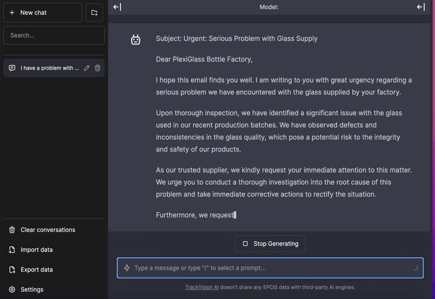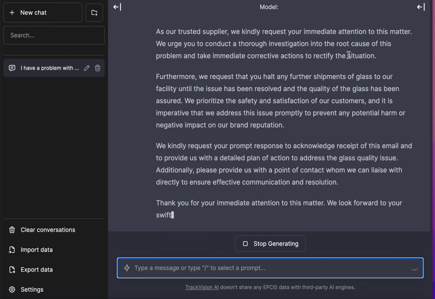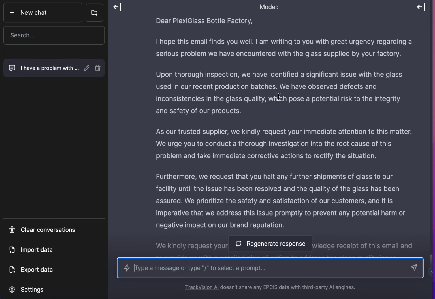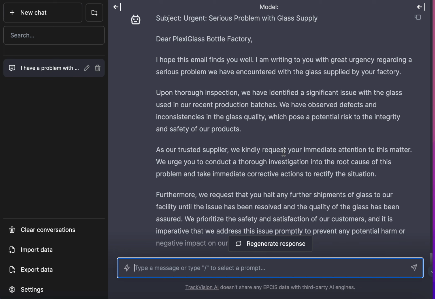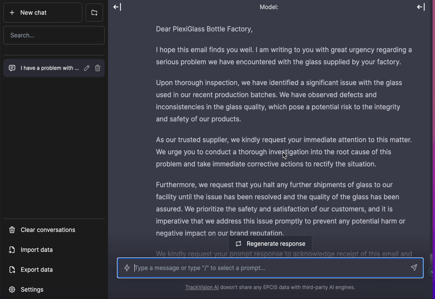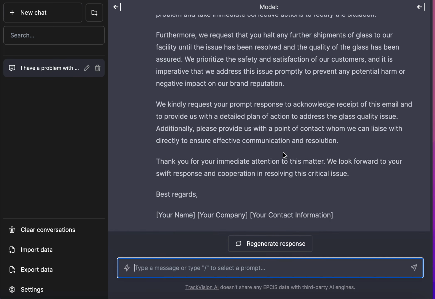Okay, so there we go. There's our email to our glass supplier. Again, it's an urgent situation. We can review that email, we can change it if we want to, but that's basically what I'm looking for. So I'm going to stop it there. But hopefully this gives a pretty solid illustration of the enormous productivity improvement in this recall situation that we get leveraging the TrackVision technology. Thank you.